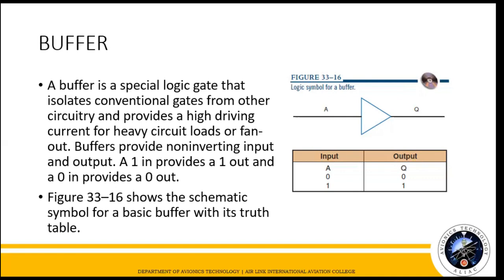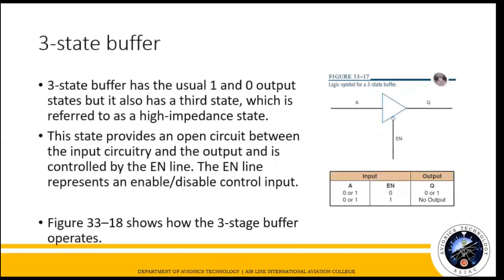So, lastly, meron tayong tri-state or three-state buffer. Okay, so the three-state buffer has usually 1 and 0 output states, but it also has a third state, which is referred to as a high impedance state.